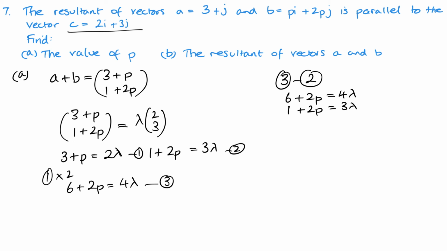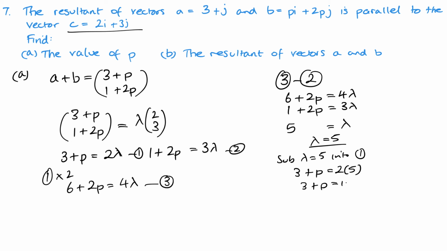So 6 minus 1 is 5, 2p minus 2p is 0, and 4 lambda minus 3 lambda is 1 lambda. So lambda is 5, then sub this into equation 1, we get 3 plus p equals 2 lots of 5. 3 plus p equals 10, so p must equal 7. So that is part A done.